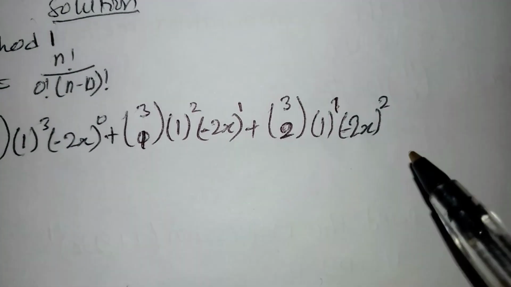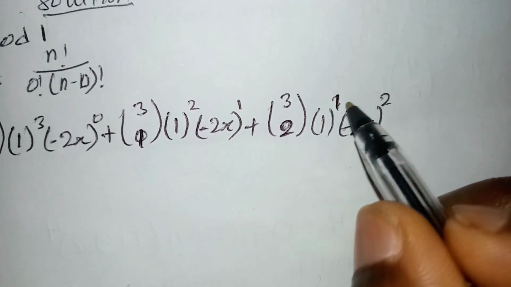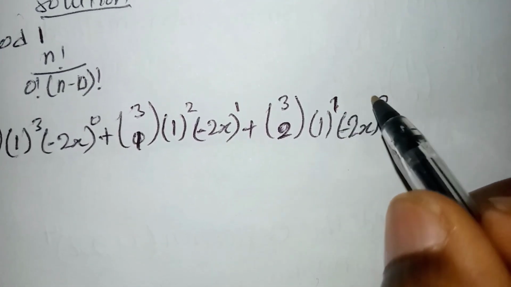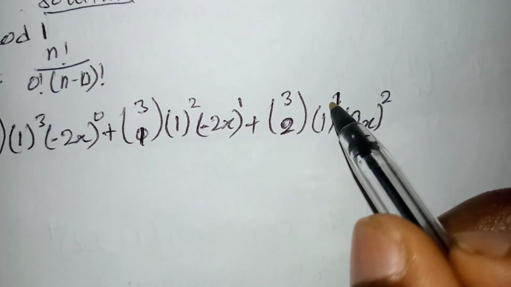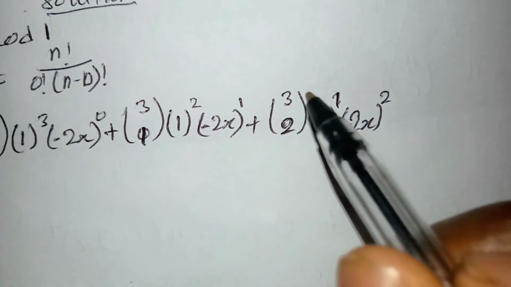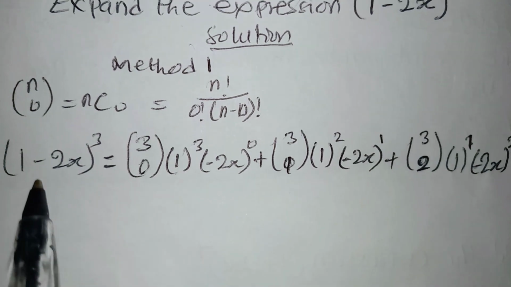You should always bear in mind that when you add the exponents here, the sum shouldn't be greater than 3 or less than 3. It should be exactly equal to this exponent here. So bear it in mind.